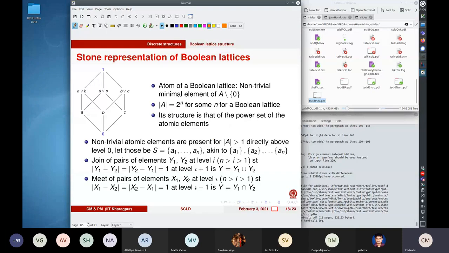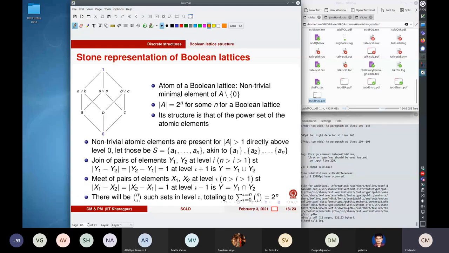If you want to think of the meet, the meet will also work out in the same way. But it is enough to consider the join. This is just for your information. This will also happen, but it is enough to consider the join.